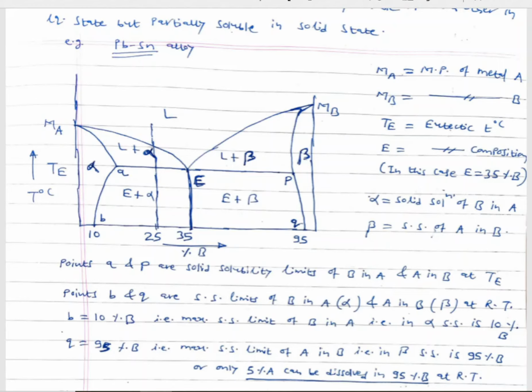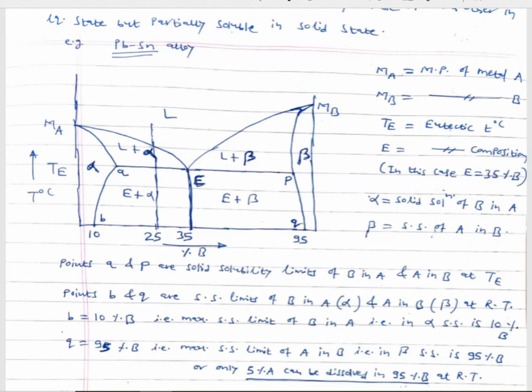Similarly, point Q gives us the information about the solid solubility limit of A in B. It corresponds to 95% B. 95% B means 5% A. So A will be solute and B will be solvent. So it is beta solid solution, solid solution of A in B. So maximum 5% A can be dissolved in 95% B at room temperature.